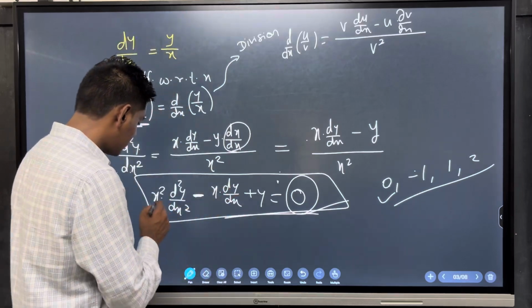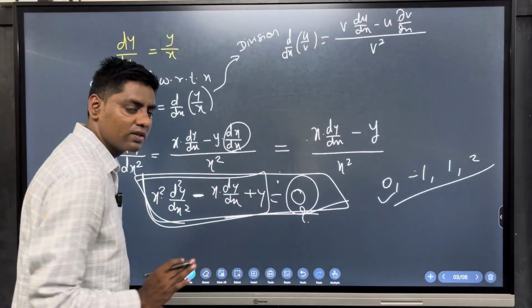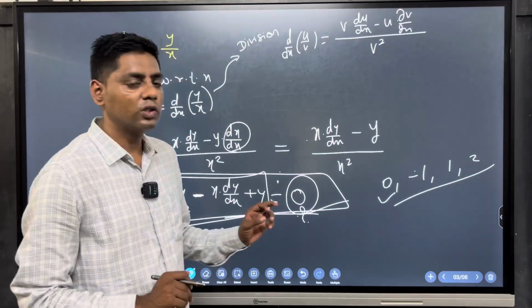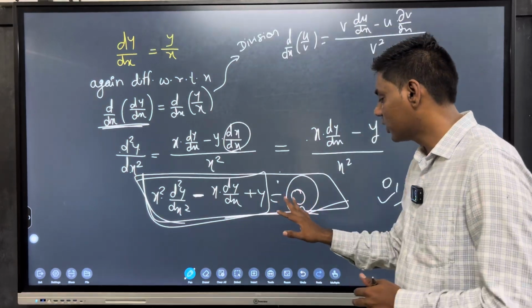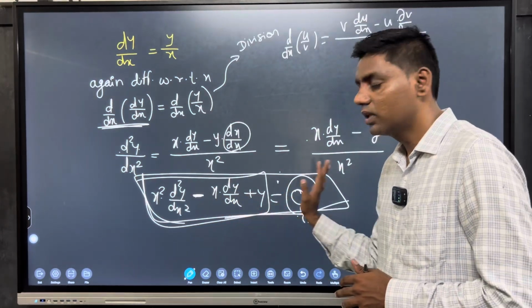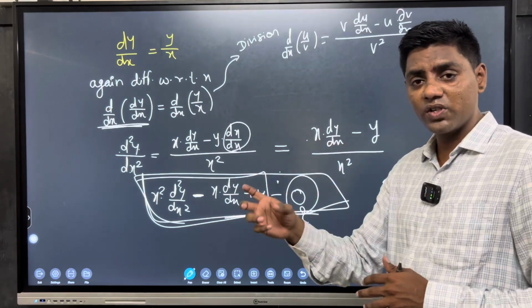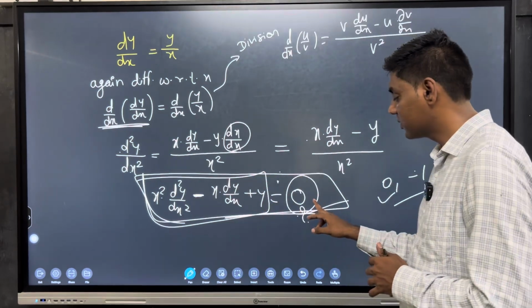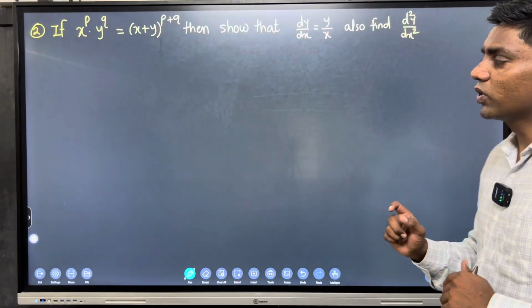So in this question, only up to this is given and equal to question mark is there, and you have to solve for that number. For a complete second order differential equation, it is called a differential equation in second order. So that answer is 0. So very simple. So let's go for the next question.